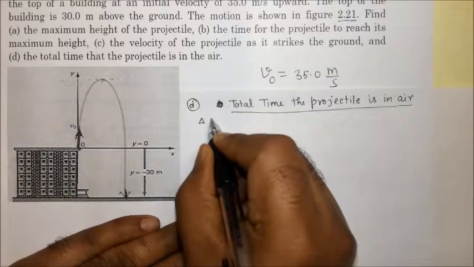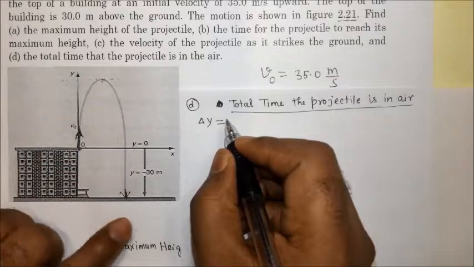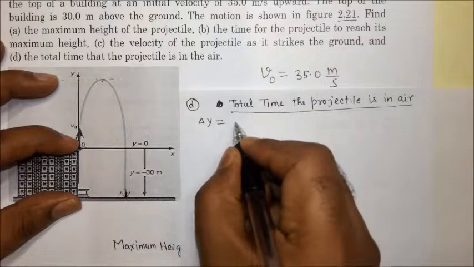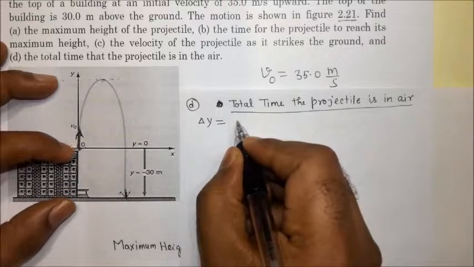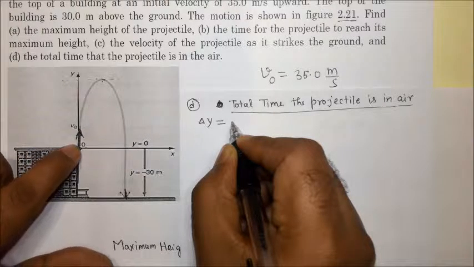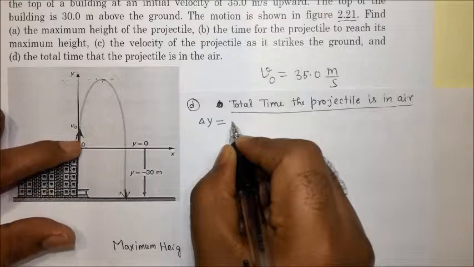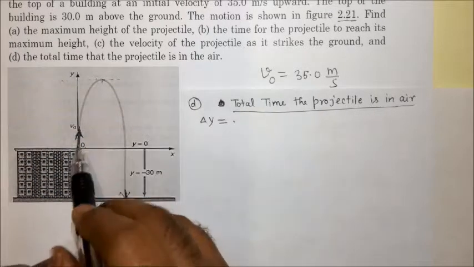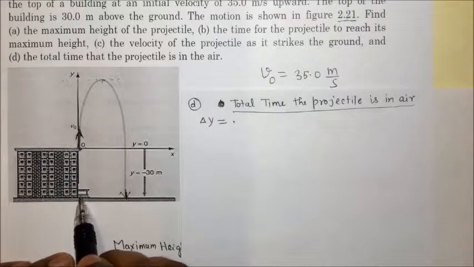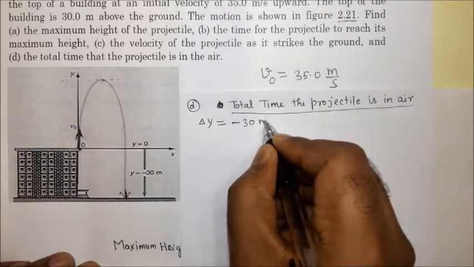Delta y is, this is starting point and this is the end point. In between the delta y is how much? From starting to end, your reference point is here. If you just look at starting and end points, the net displacement is minus 30 meter.